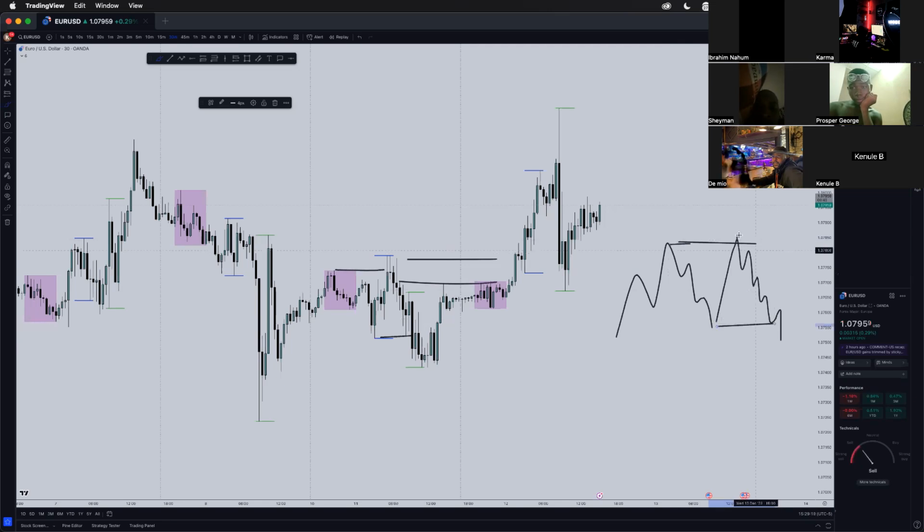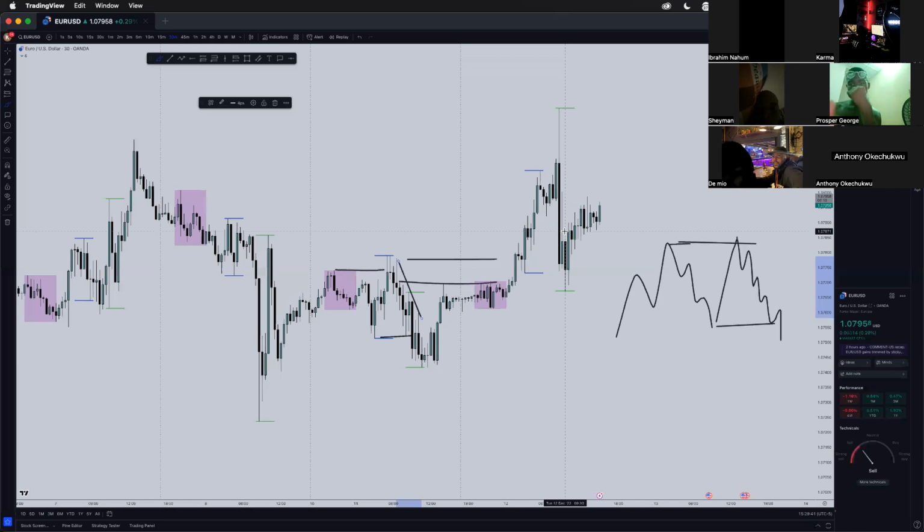But it does not have momentum and distance. So it will fail because it is just a liquidity buildup. It is a mitigation. Why would you want to trade in a point that does not have an inefficiency? Why would you want to trade in a point that is already mitigated?